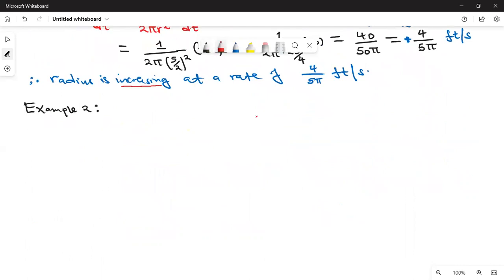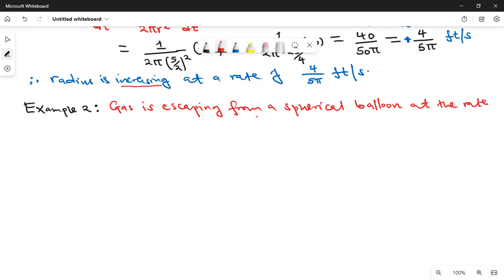We are told that gas is escaping from a spherical balloon at the rate of 900 centimeters cubed per second.